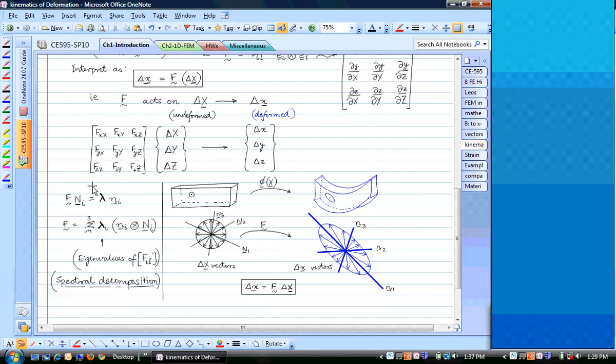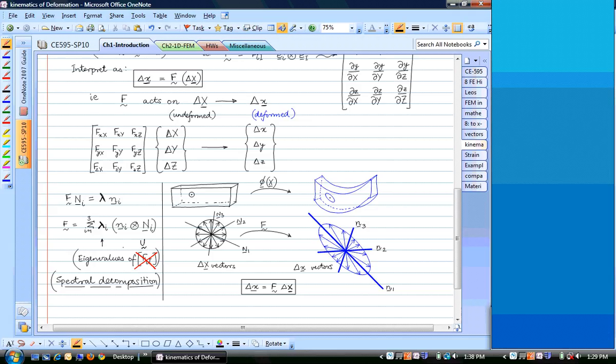Now, this matrix F in general is a non-symmetric matrix. In general, non-symmetric matrices will not have real eigenvalues. They can have complex eigenvalues. So this fact here is not correct. These are not the eigenvalues of F. They are eigenvalues of another tensor called U, and I'll tell you in a little bit about that.